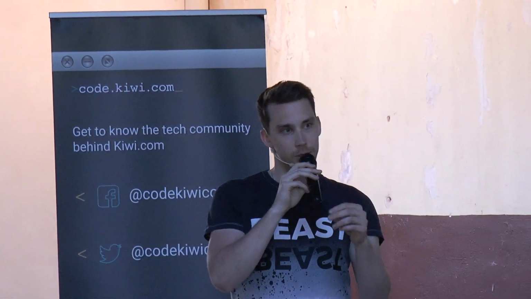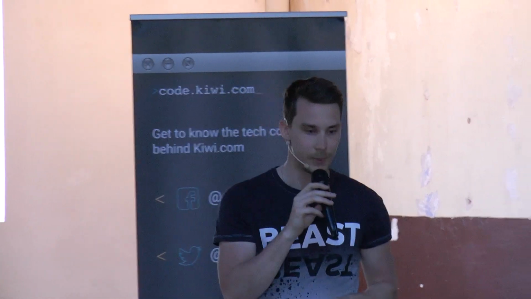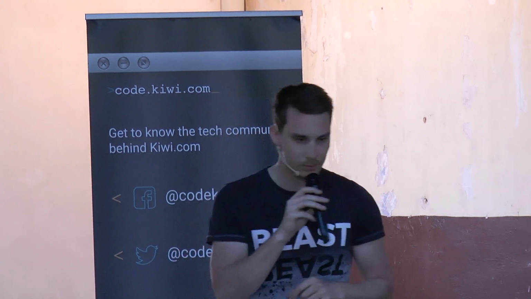The answer to these questions 2 years back was, okay, it's terrible. There was no system when it came to developing user interfaces at kiwi.com, and we wanted to solve it somehow.